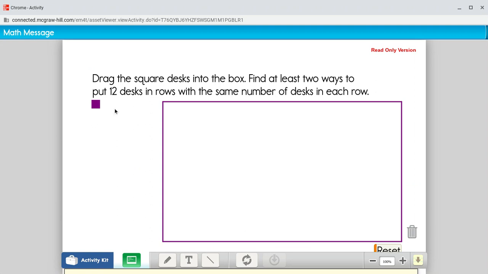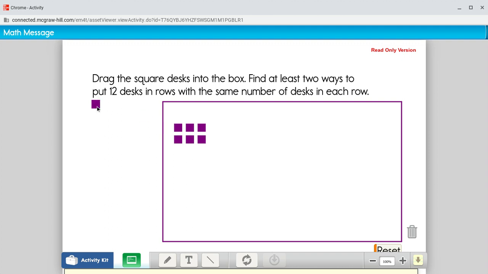All right, well, welcome back. Let's take a look. I asked for you to come up with 2 ways to make 12 desks in rows, and here is one of the ways we can do. We can say 1, 2, 3, and we can move 4, 5. They do fit into their little spots, which is nice and all lined up nice and neat.